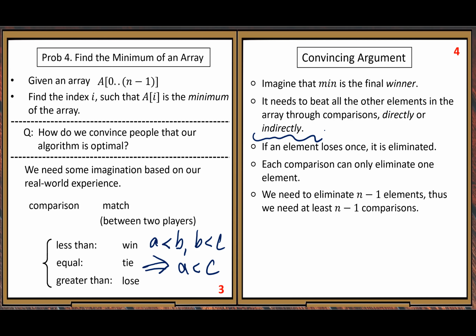Otherwise, how can you eliminate n-1 elements? One comparison can only eliminate one, but there are n-1 elements to be eliminated. So the best you can do is use n-1 comparisons to eliminate n-1 elements. That's the best you can do.